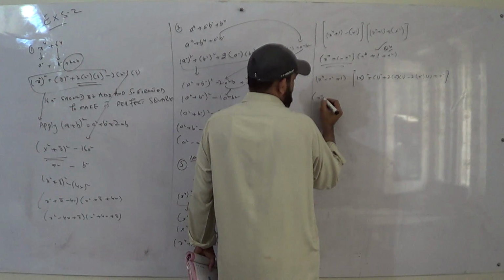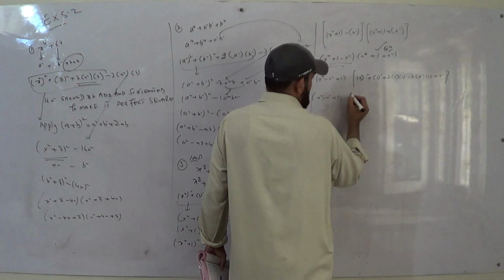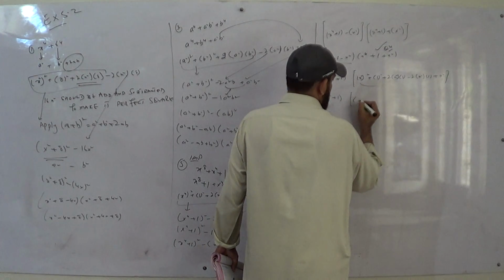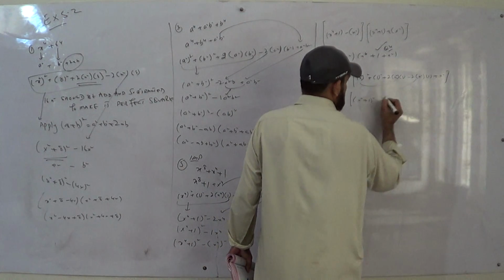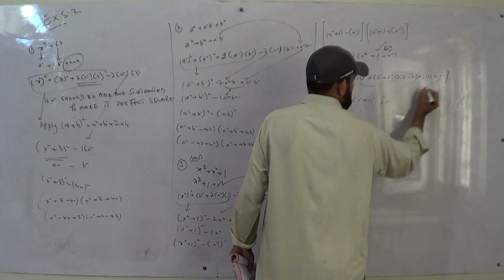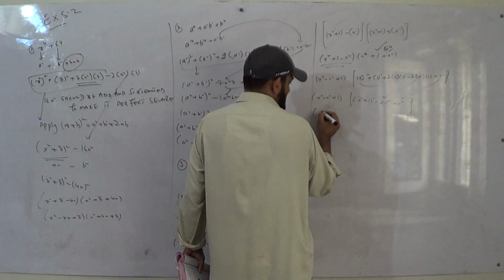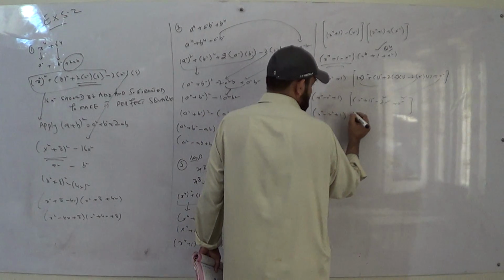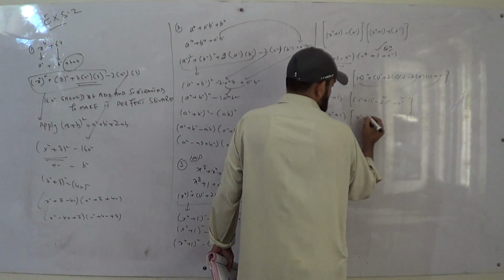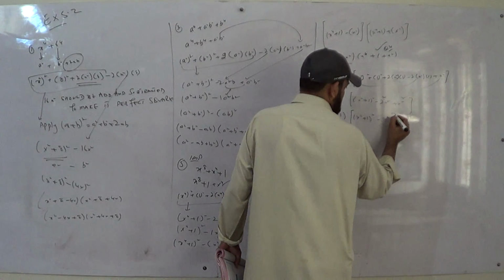Now x^4 minus x square plus 1. Again the formula (a + b) whole square minus 2x square plus x square. We get x^4 minus x square plus 1, (a + b) whole square minus 2x square.